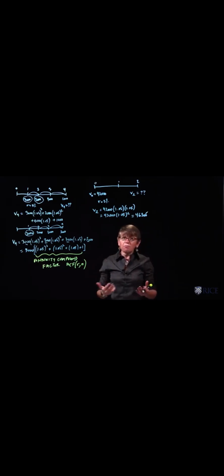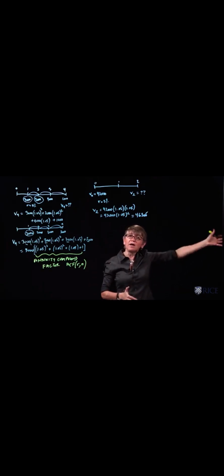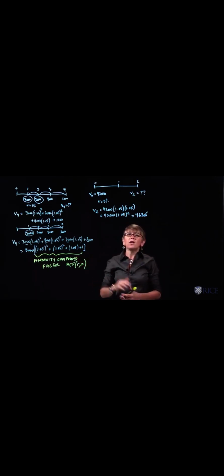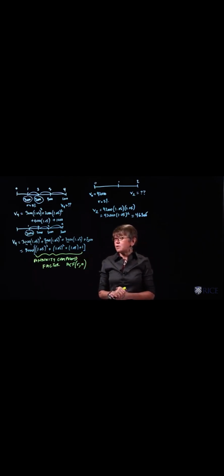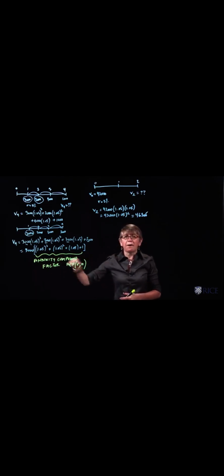Your car loan payments are examples of annuities. Mortgage payments, where you have fixed cash flows, fixed payments over a period. So these are all examples of annuities. And what does this annuity compound factor do? Well, it basically sums up these compounding factors for individual payments at a constant interest rate.